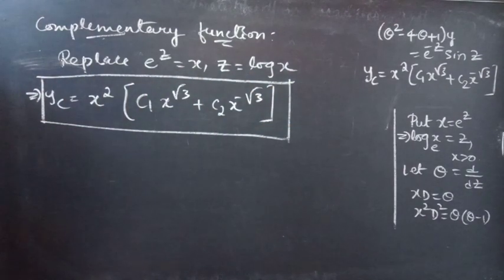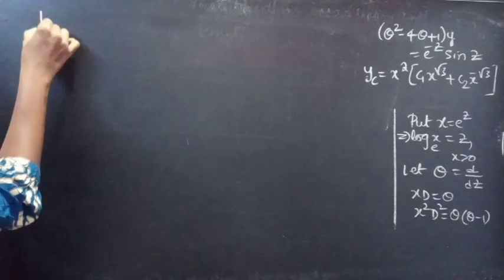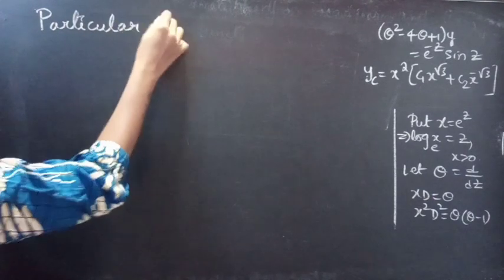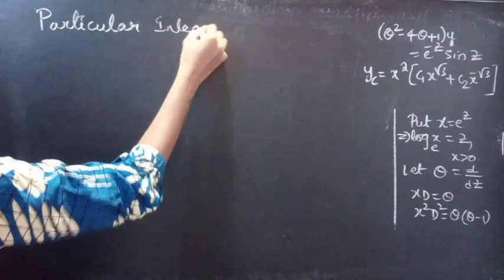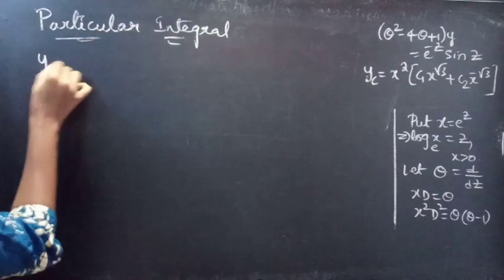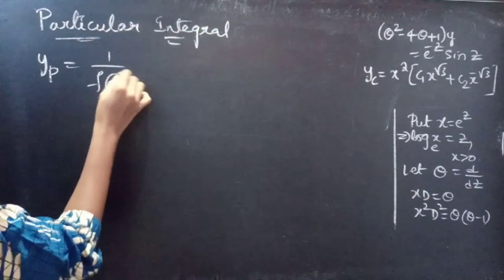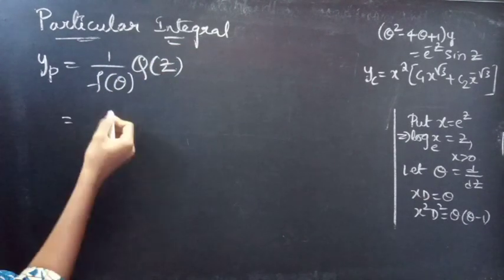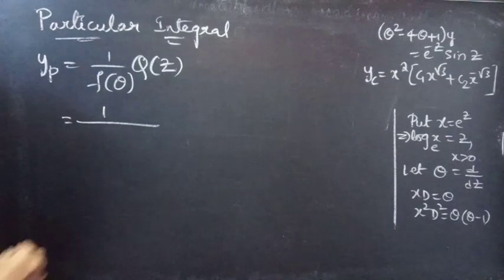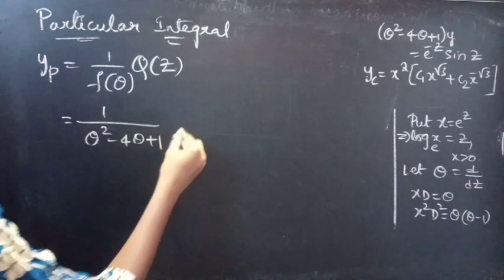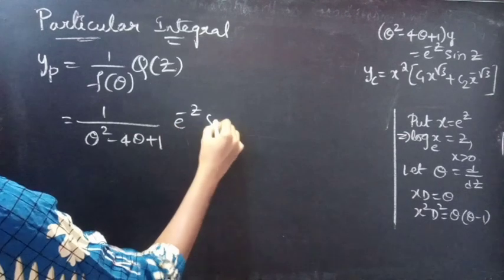Okay, let's now find yp, particular integral. We'll find particular integral using 1 by f of theta into q of z, RHS part. 1 by f of theta we are having theta square minus 4 theta plus 1, and q of z is e power minus z into sine z.